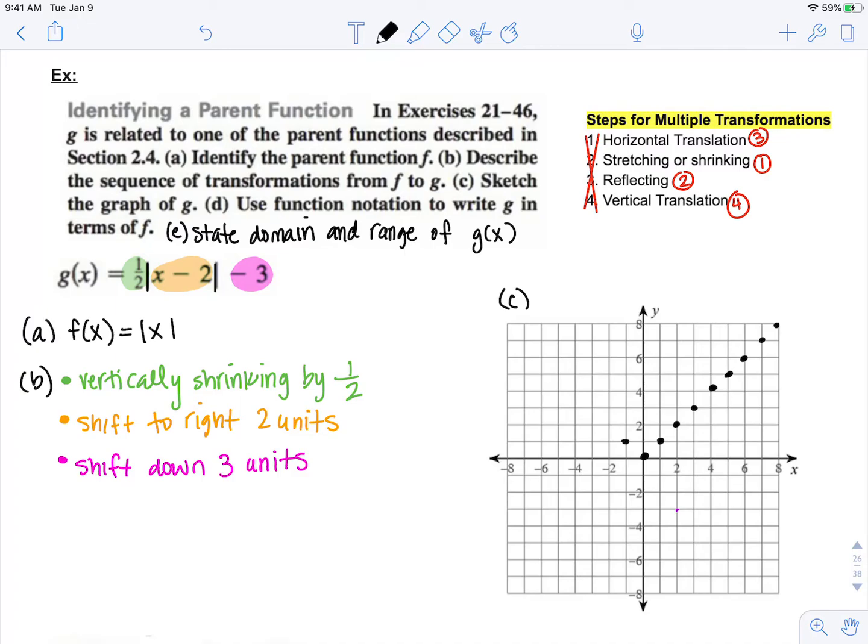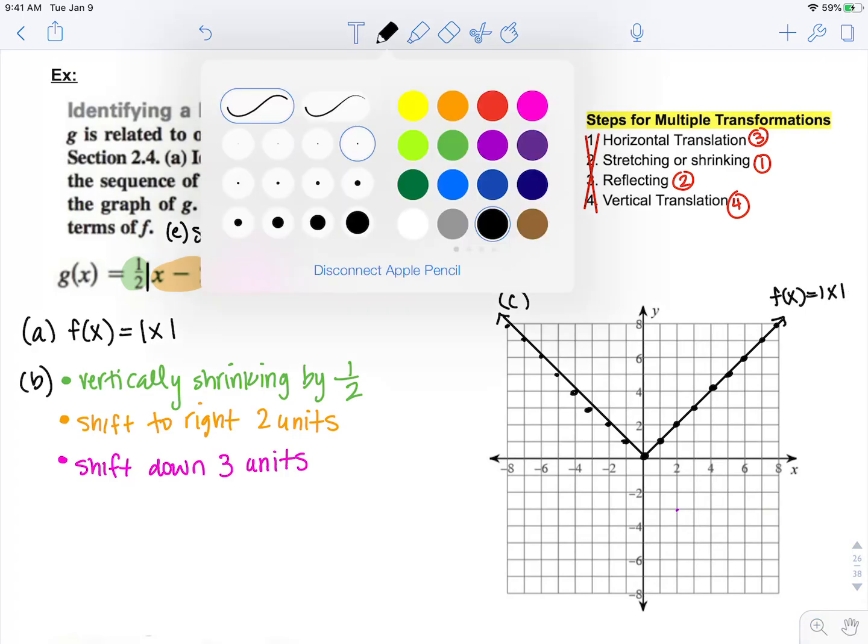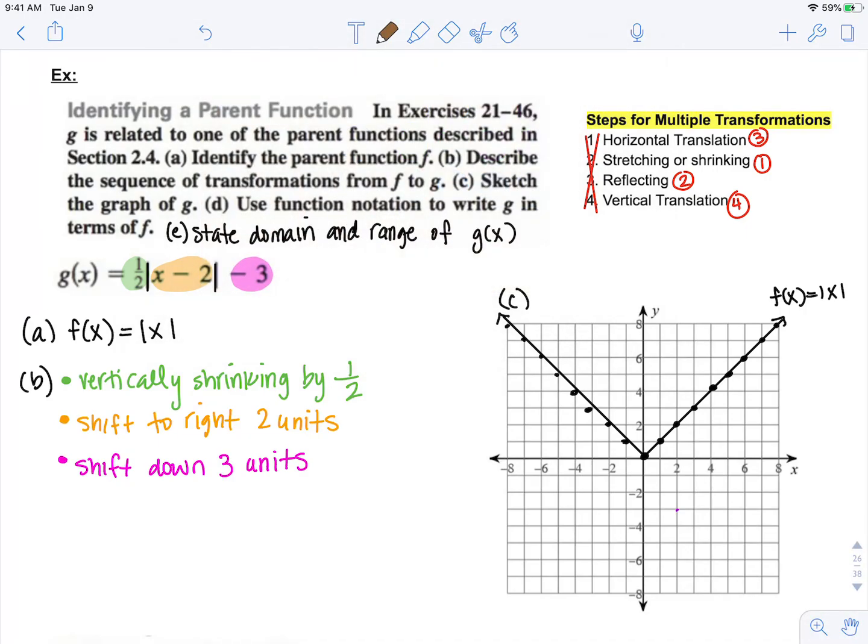And this is just so that I have some base points to start from when I am transforming this parent function. So this is f of x equals absolute value of x. I'm not going to transform all of these points, but I'll transform some of them. So I'll start with this vertex here.